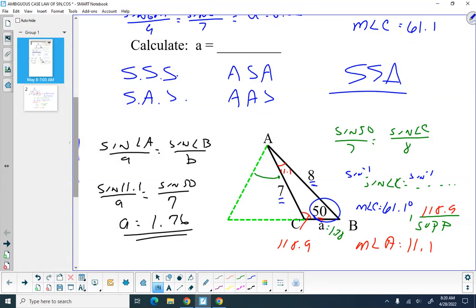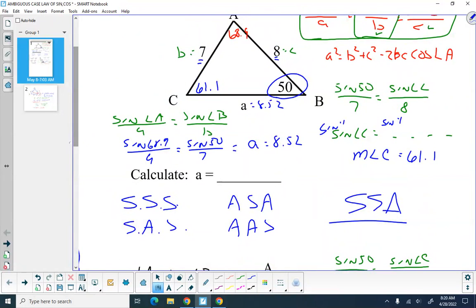And the reason why is what we just have right here. We have this scenario right here: two sides and a non-included angle congruent to two sides and a non-included angle of a second triangle. These two triangles, you cannot put one on top of the other and say they're congruent. Now, what you can have is a corollary.